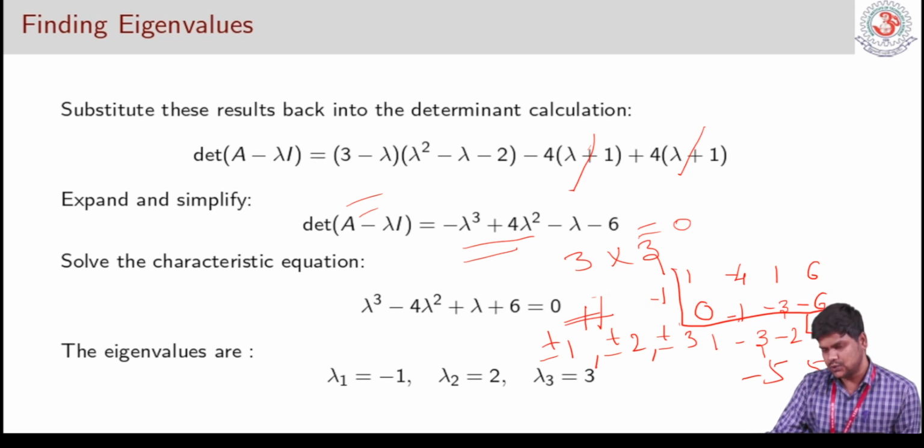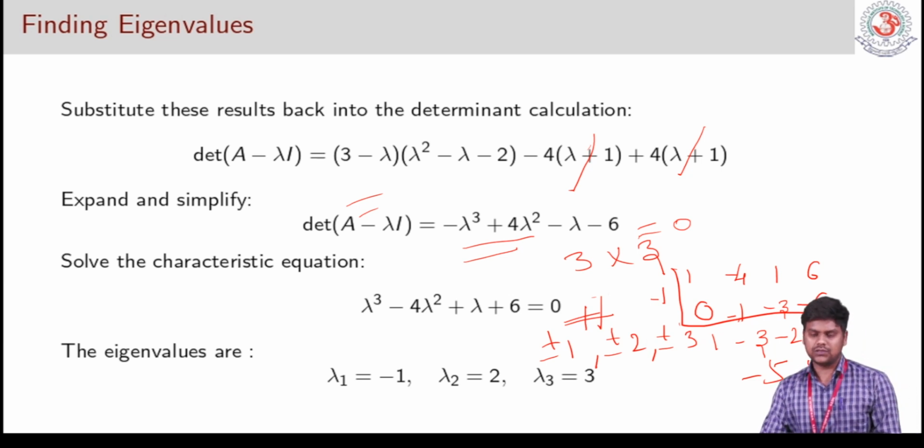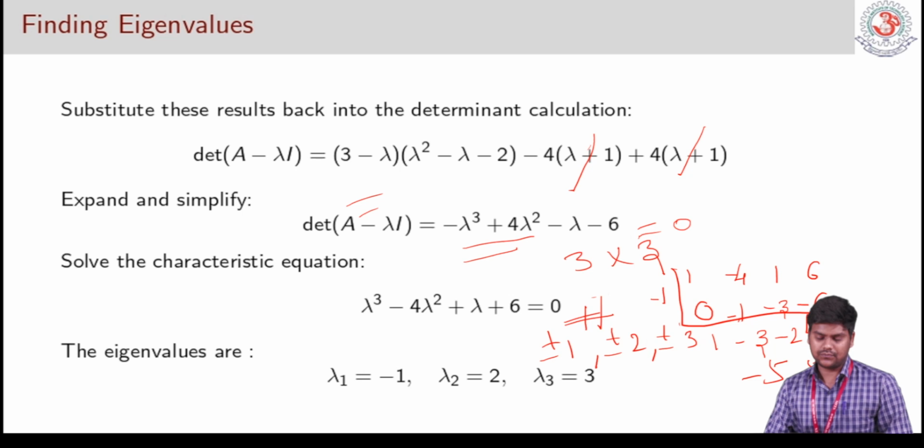Minus 1 into 6 will be minus 6. So this is possible. Likewise we can put lambda equal to 2 and lambda equal to 3, and we will get the eigenvalues. So these are our required eigenvalues.